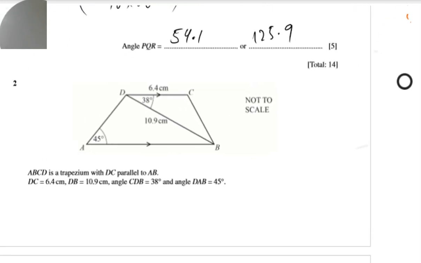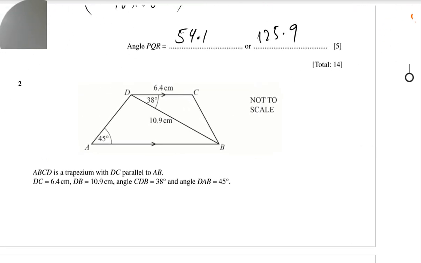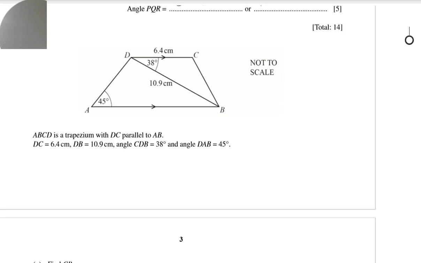Okay, next question. ABCD is a trapezium with DC parallel to AB. DC is 6.4, DB is 10.9, angle CDB is 38, angle DAB is 45. Find CB.